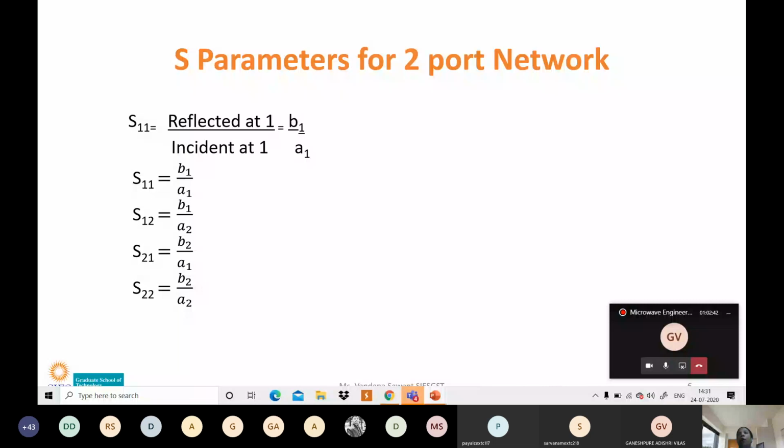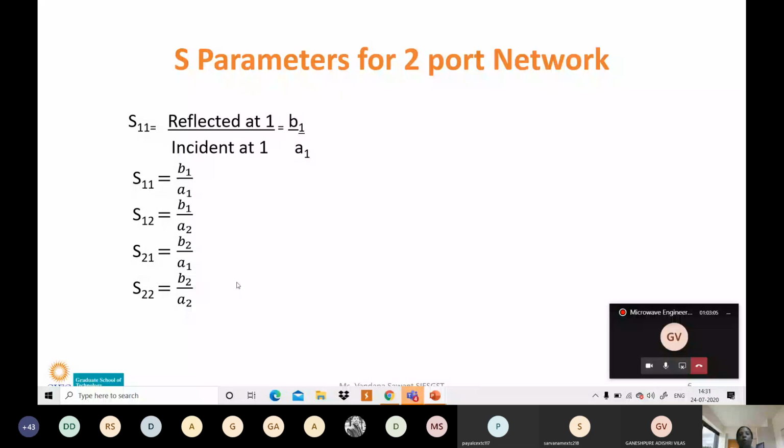Now if you have these four parameters and want to relate them, only four relations are possible. You can have the relation between A1 and B1, between A1 and B2, between A2 and B1, or between A2 and B2.